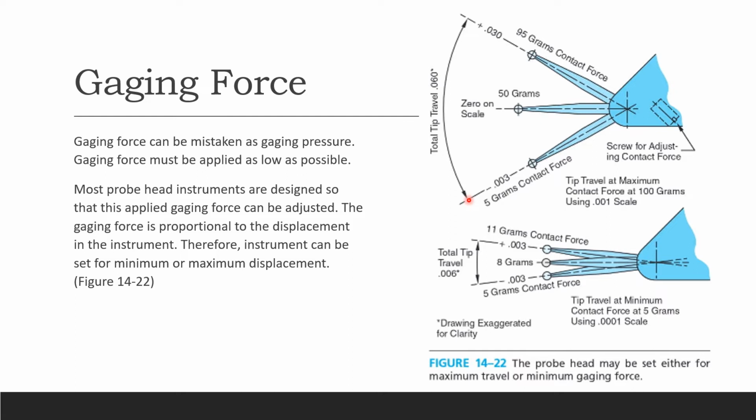When you want to travel from here to here, you have like a 0.060. And you have a bigger force right there. And the travel is maximum contact force, about 100 grams, using 0.001 scale.